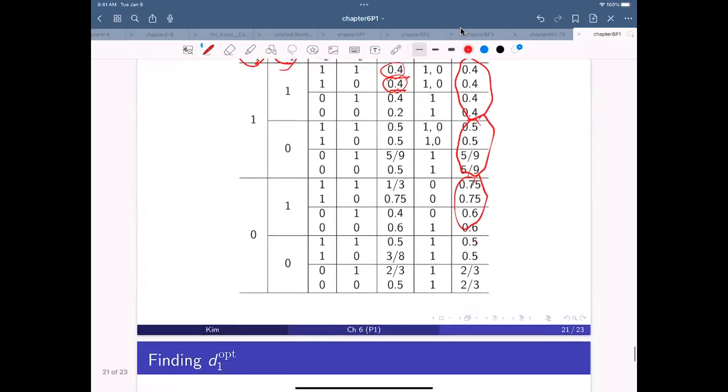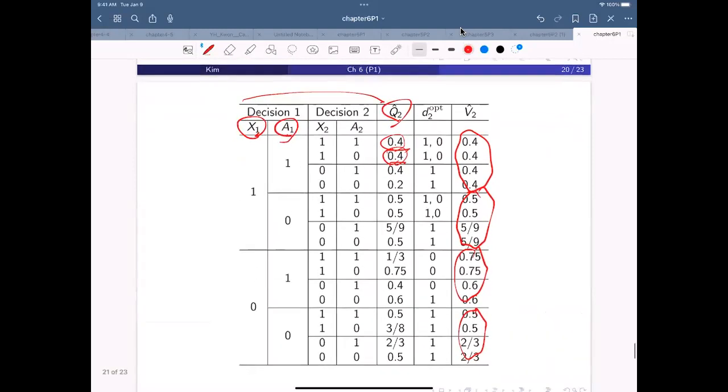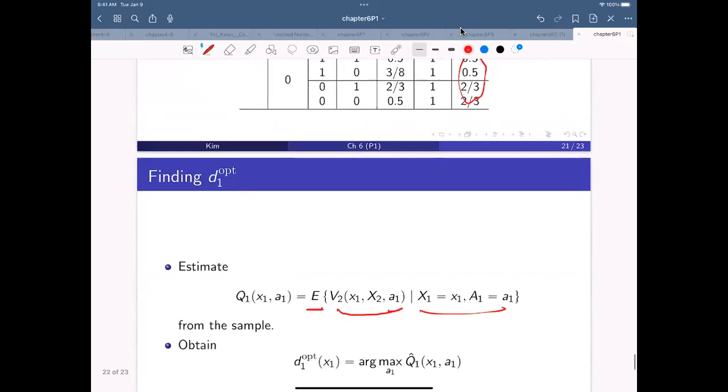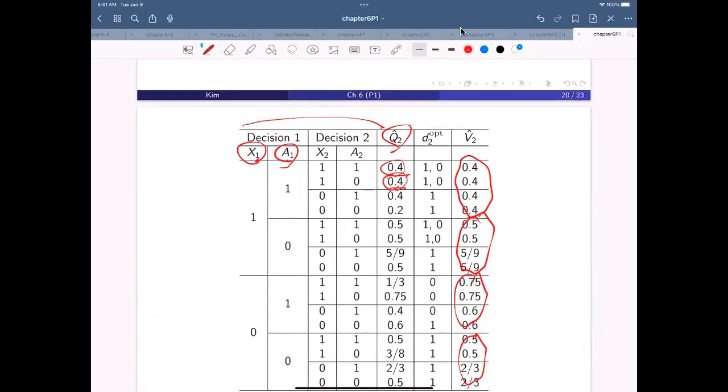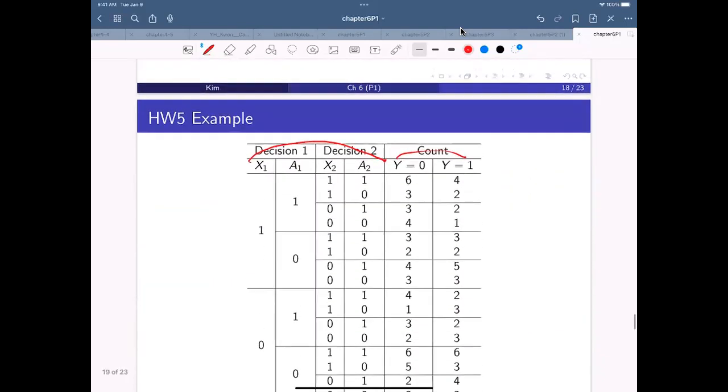That means given x1 and a, we basically want to do an average, to compute one number. But it cannot be just a simple average, right? Because what is going on here is the distribution of x2 given x1 and a1. But that distribution you can actually obtain from the sample, from the table that you have here.